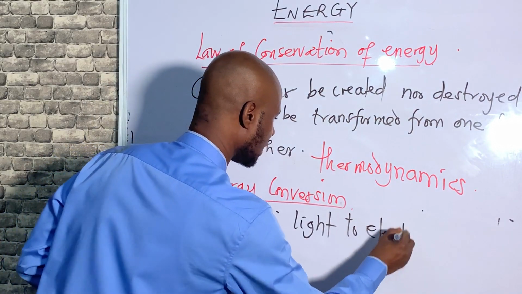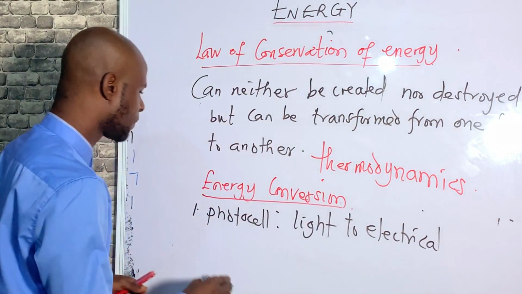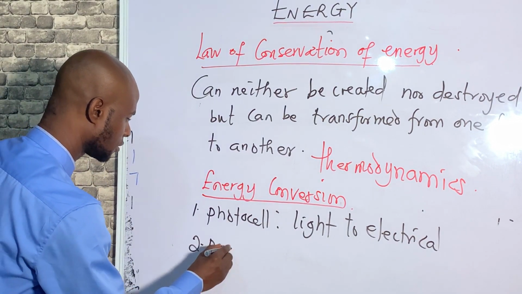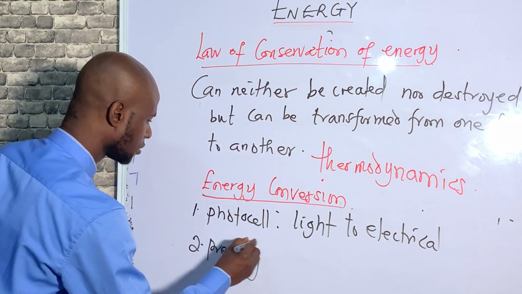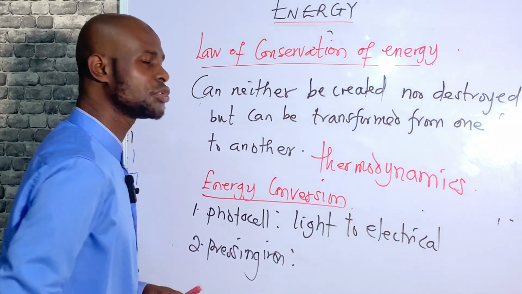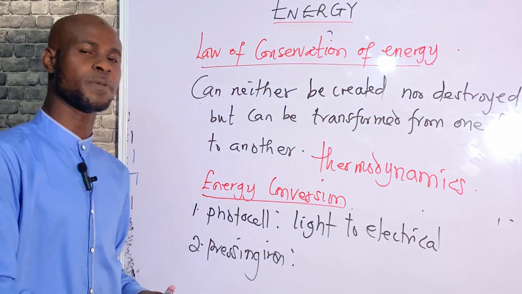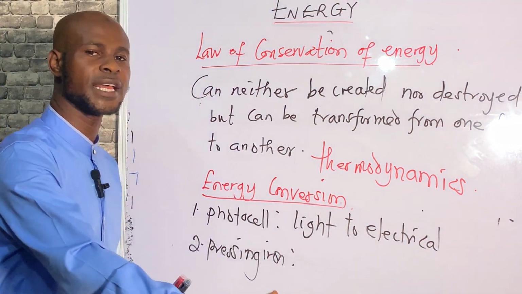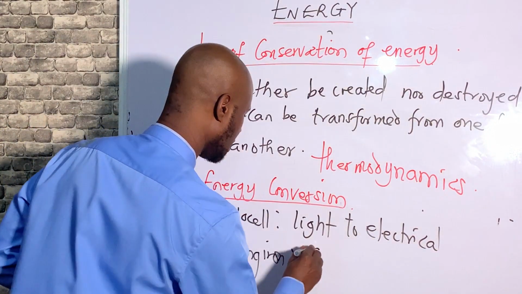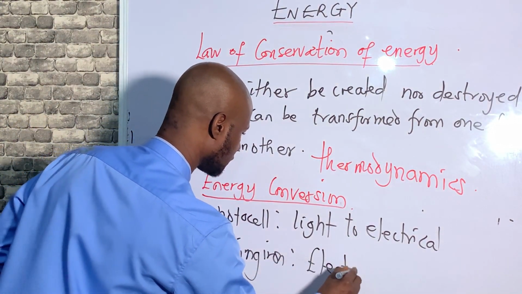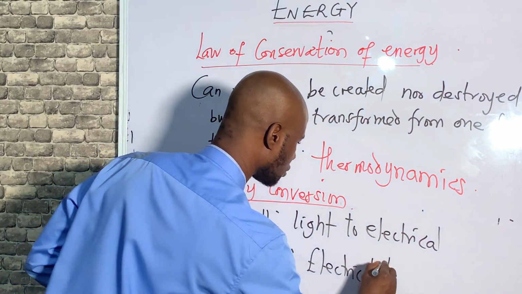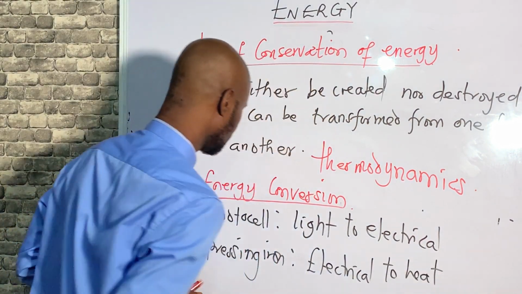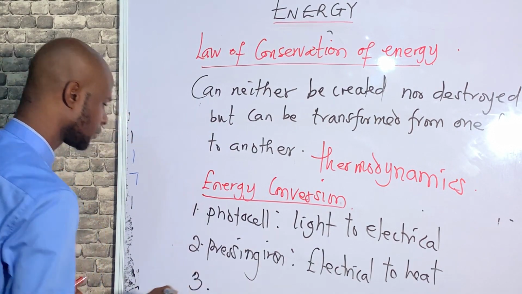to electrical energy. Your pressing iron converts. For you to use your pressing iron, you need to plug it into the power supply. Which means you are converting electrical energy to heat energy. Electrical to heat. Number 3.